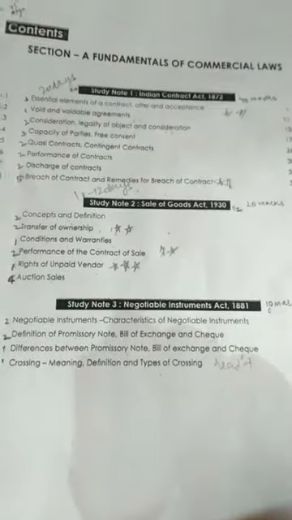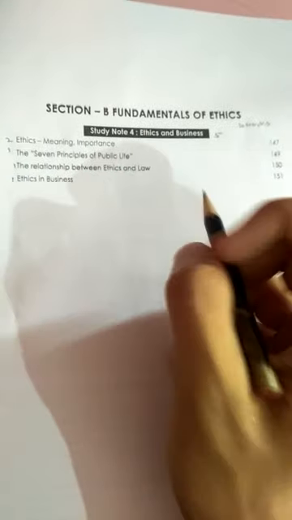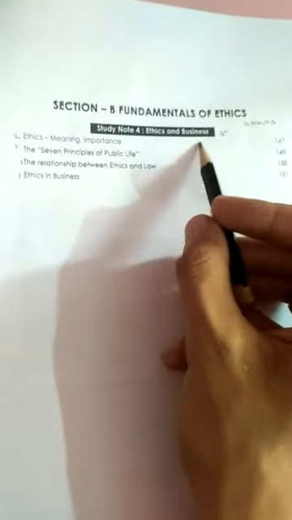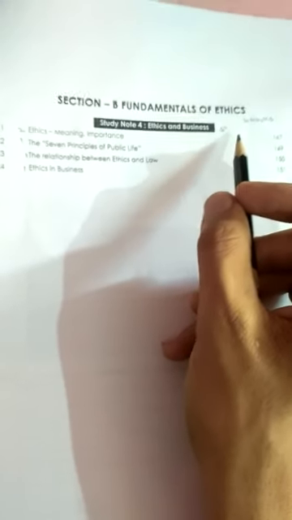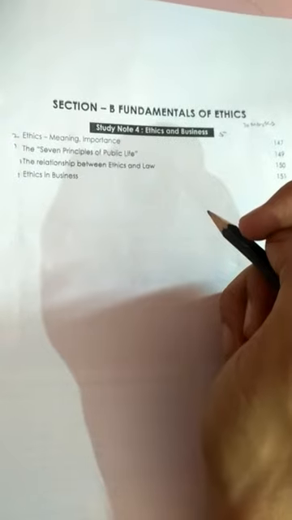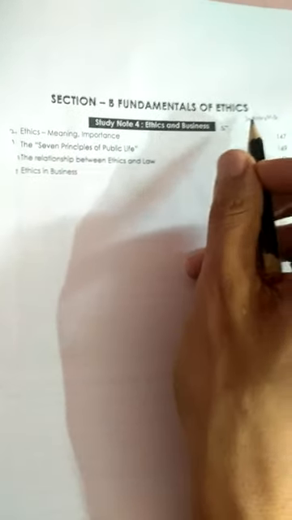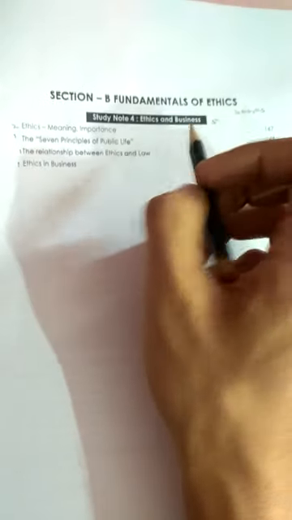Now coming to the next study note, which is study note 4, covered under Section B, which is ethics and business. It covers 30 marks of the CMA Foundation exam, paper 3. And out of these 30 marks, you will get 18 marks of objectives.